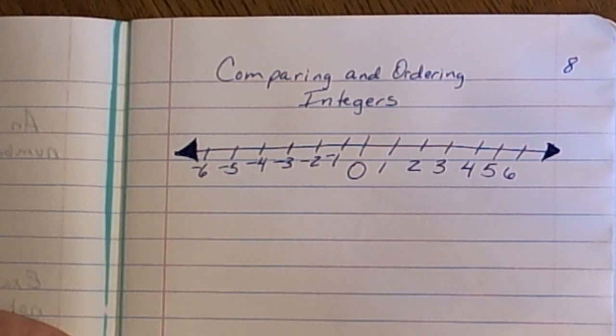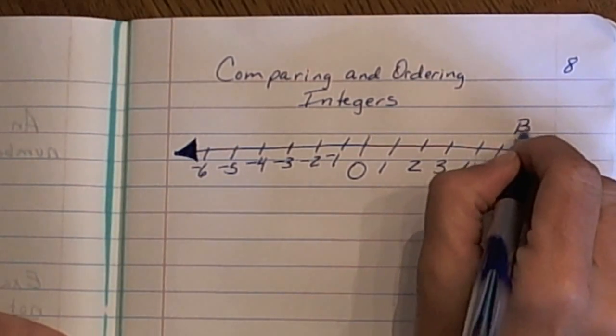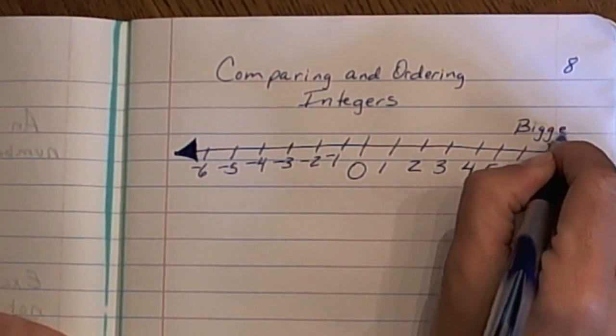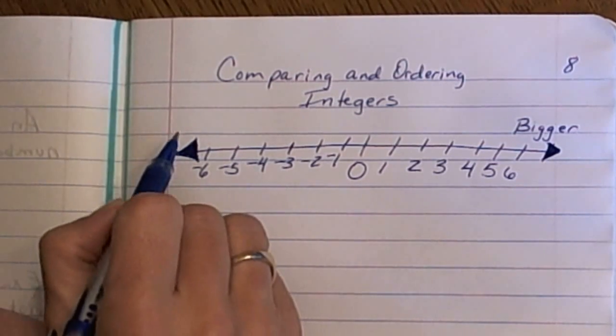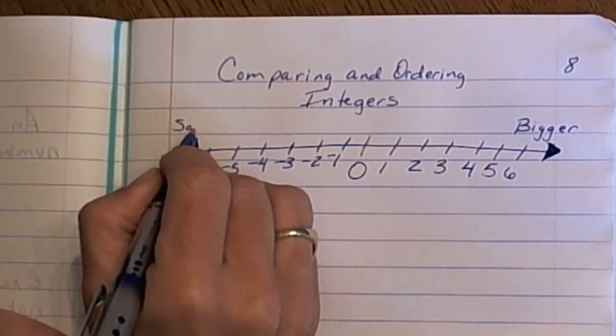So let's think about that for a minute. Where are our numbers getting bigger? Well, they're getting bigger right here, aren't they? And where are our numbers getting smaller? Well, they're getting smaller over here, aren't they?